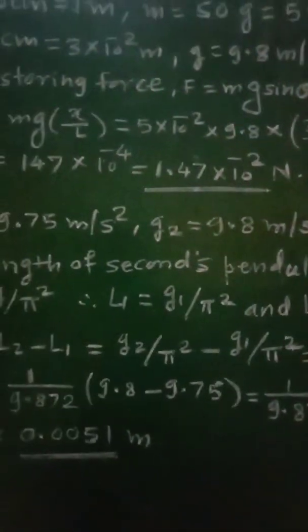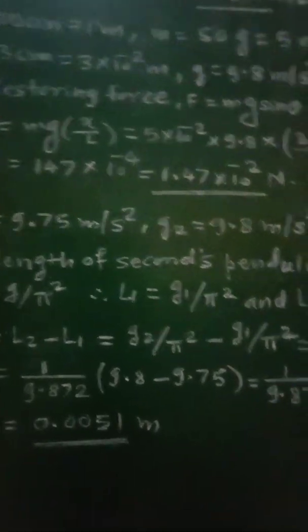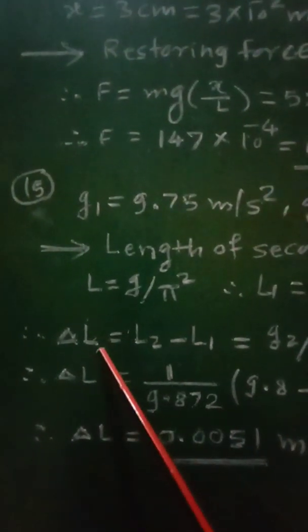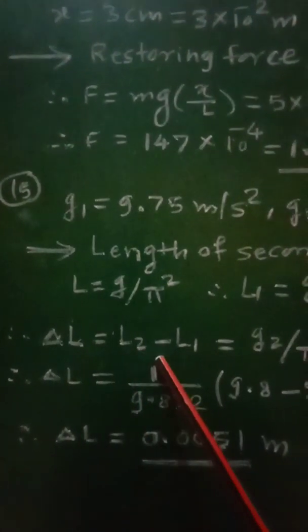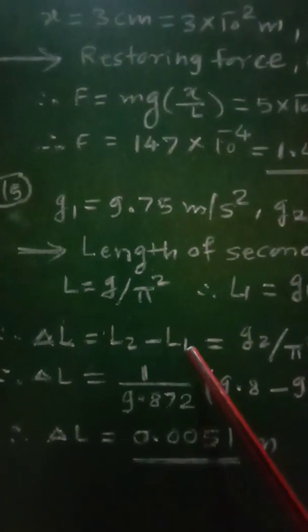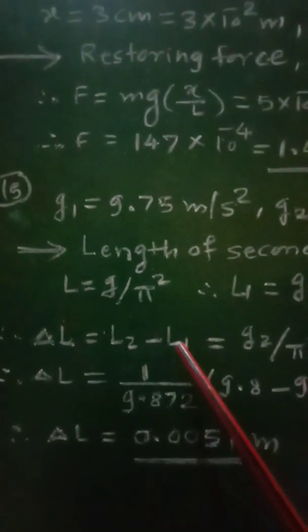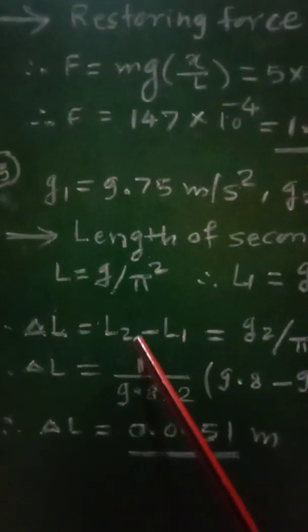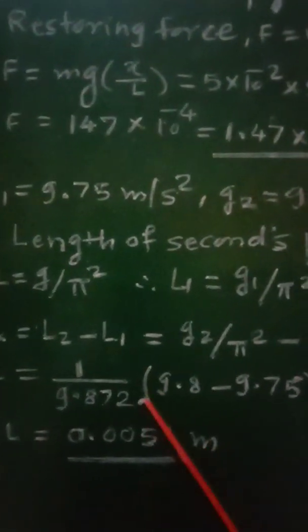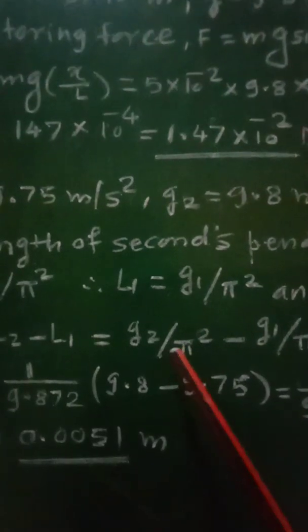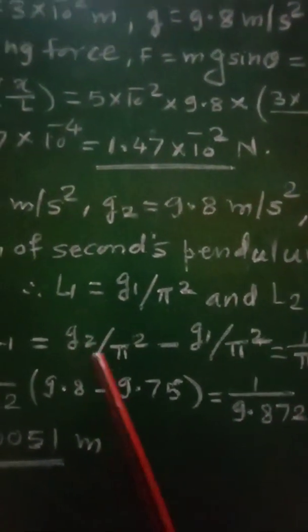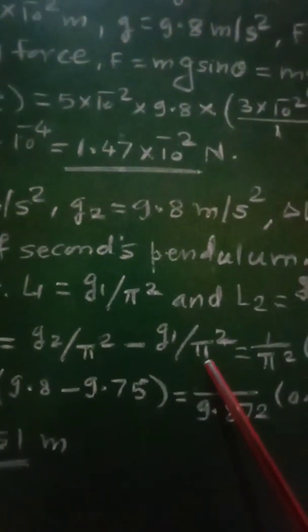In this case, G2 is greater than G1, and therefore L2 must be greater than L1, and therefore the change in length delta L will be equal to L2 minus L1. As L2 is greater than L1, since G2 is greater than G1, we can write delta L is equal to L2 minus L1, that is equal to G2 by pi square minus G1 by pi square.